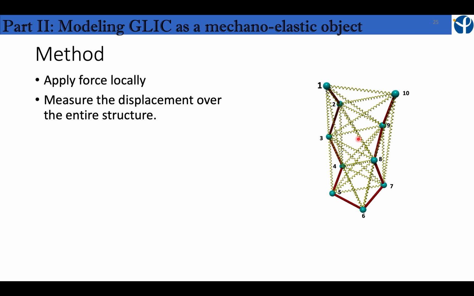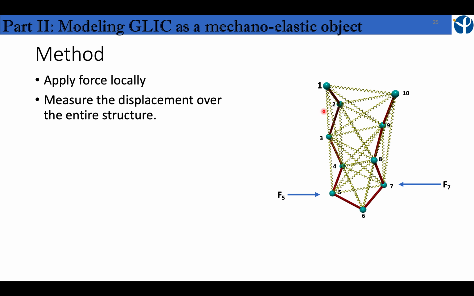The methodology is, after building your elastic network, we apply force locally and then measure the displacement over the entire structure. For example, we apply force to the 5th atom and the 7th atom, and then look at the response of the 5th and 7th, but additionally all other atoms.